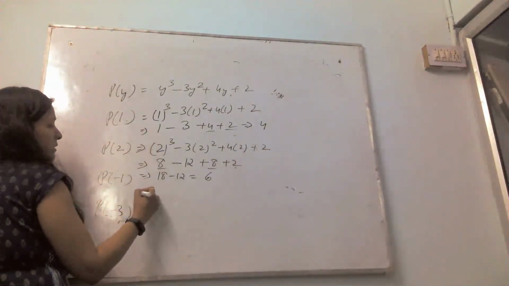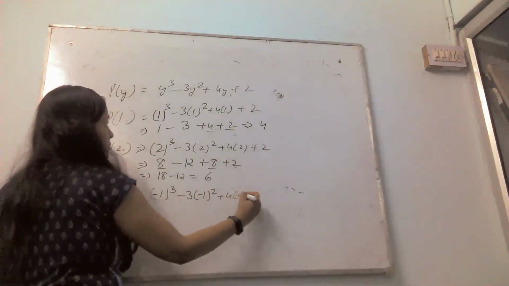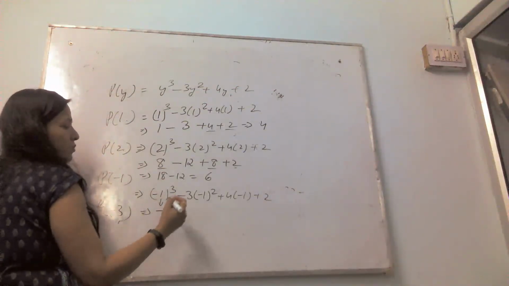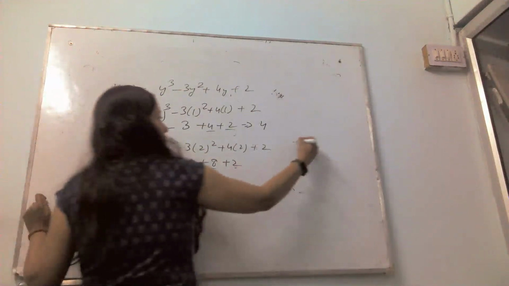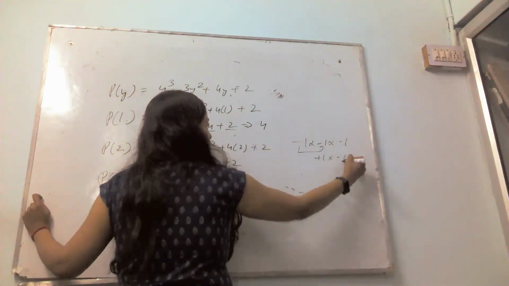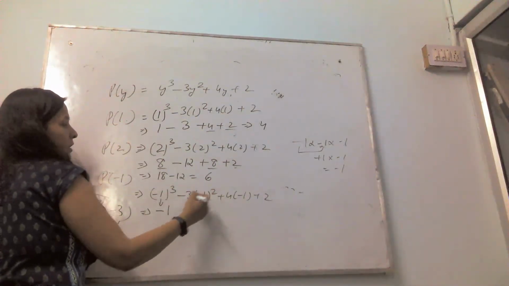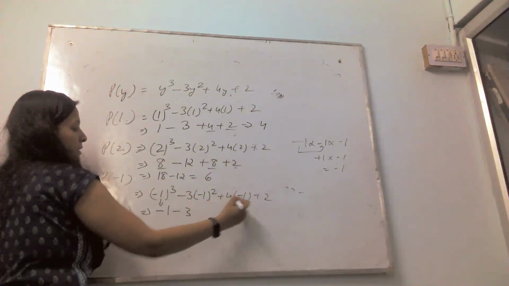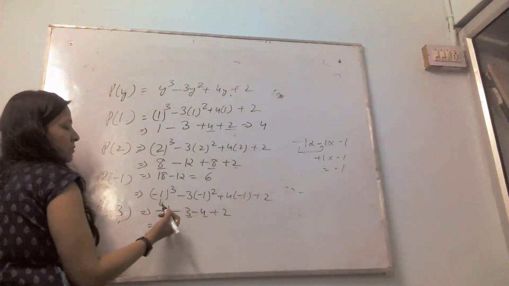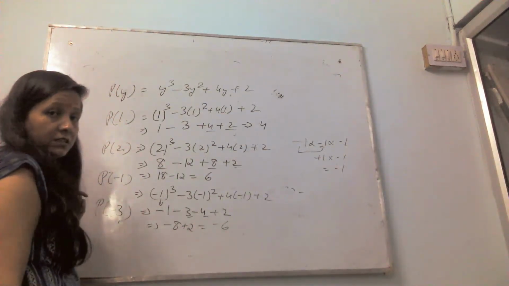Now p(minus 1): minus 1 to the power 3 minus 3 times minus 1 square plus 4 times minus 1 plus 2. Minus 1 to the power 3 means minus 1 into minus 1 into minus 1, that is minus 1. Minus 1 square is 1, and 1 into minus 3 is minus 3, plus minus 4, plus 2. Minus 1 minus 3 minus 4 is minus 8, plus 2. That is minus 6.